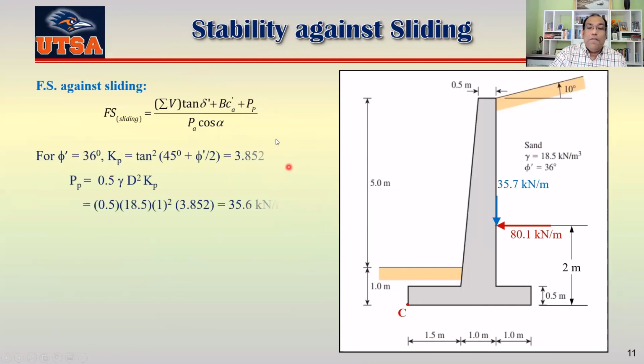Now you can see for 36 degree here, the same soil actually, your Kp would be tan squared of 45 plus phi prime by 2, which is 3.852. So your PP is 35.6 kilonewton per meter. We also have this force here, which is this part here.